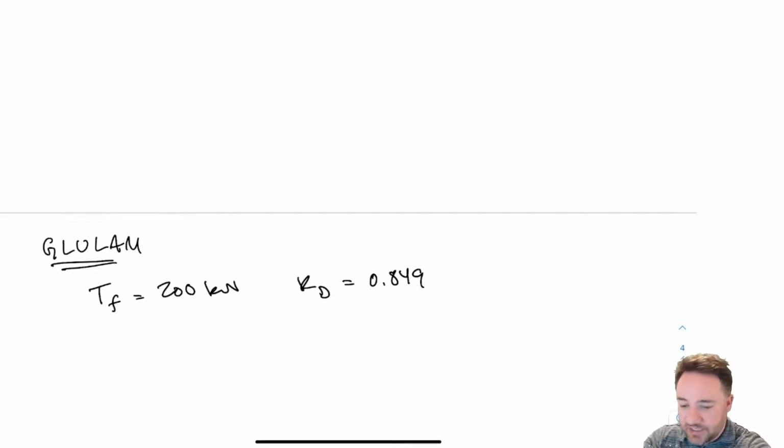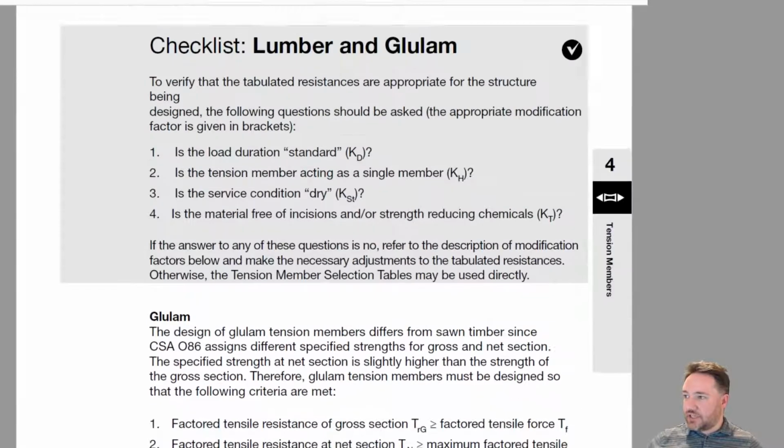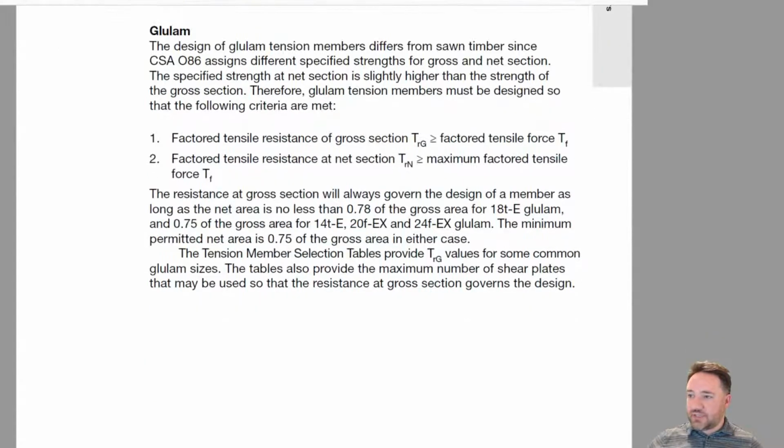But it turns out, and it says this actually in the design manual, in the section on tension members for Glulam, because of how the TRN, TRG, and the FTN and FTG values are defined, the resistance at gross section will always govern the design of a member as long as the net area is no less than 0.78 of the gross area for 18 TE Glulam and 0.75 of the gross area for 14T, 20FEX, and 24FEX Glulam.